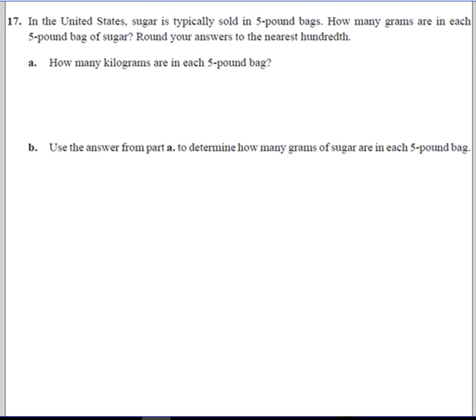In the United States, sugar is typically sold in 5-pound bags. How many grams are in each 5-pound bag of sugar? And they want us to round our answer to the nearest hundredth. And so we have 5 pounds. So again, since they're giving us US, I like to go to the unit conversion that is US to metric.